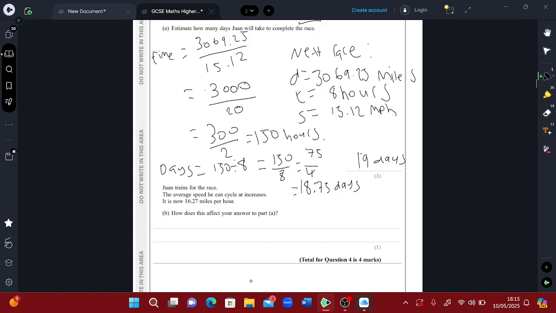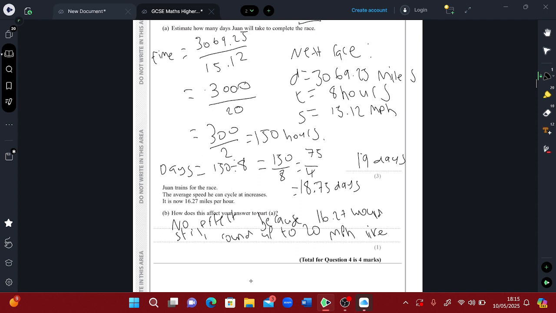So, no effect because 16.27 would still round up to 20 mph.